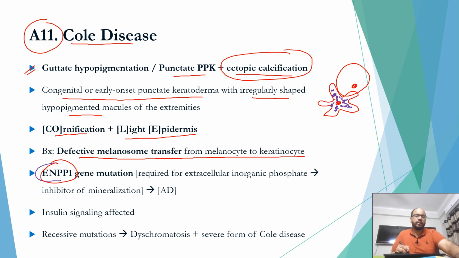So C for Cole, C for calcification. Insulin signaling is also affected. It is an autosomal dominant disorder, but some mutations can be transmitted in a recessive fashion, and when you have recessive transmission, you have dyschromatosis. That means light and dark areas can both be seen along with a severe form of Cole disease. So remember, whenever there's recessive transmission, the severity increases.